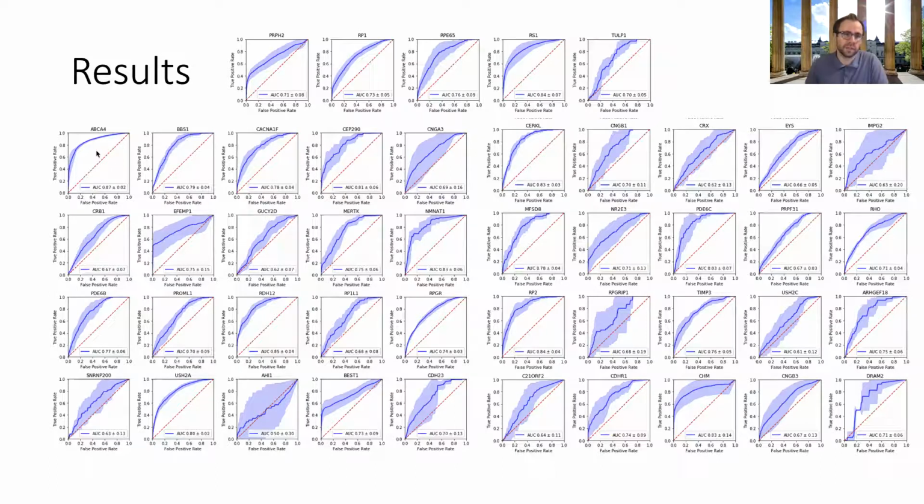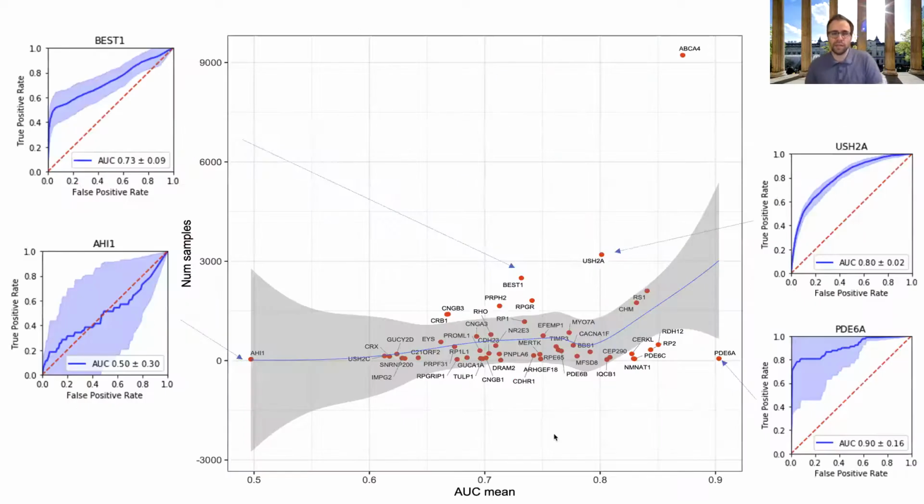For instance, here ABCA4 has a high performance, whereas CDH23 has a much lower performance. This area under the curve, or AUC for short, is proportional, as you might expect, to the number of training examples per gene.